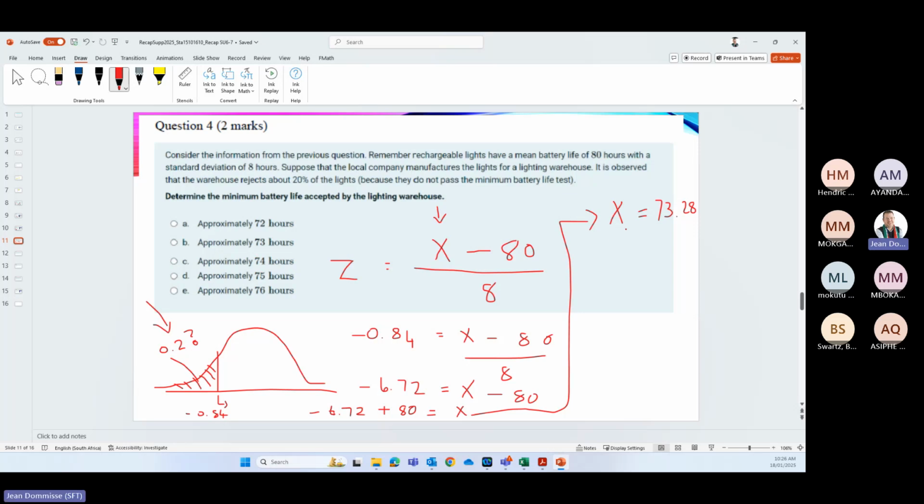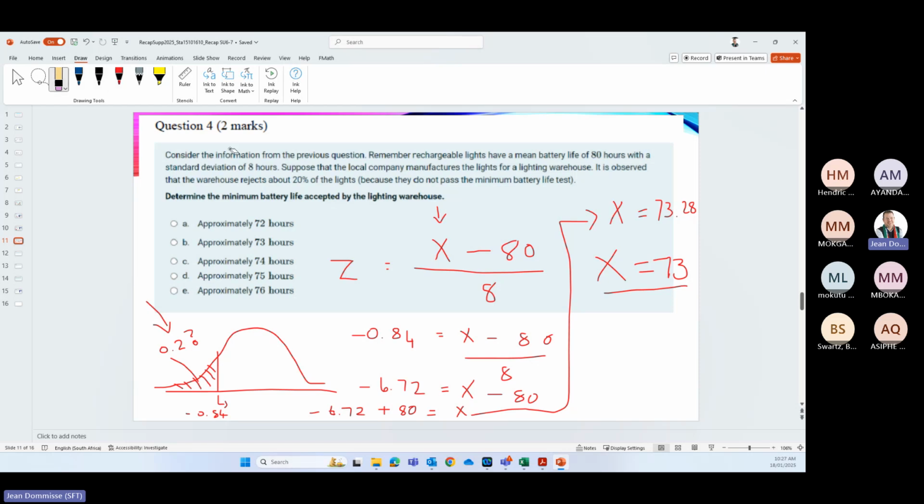And so again, now it is... I again don't like these answers, because it is observed that the warehouse rejects because we do not pass the minimum. Determine the minimum battery life accepted by the warehouse.